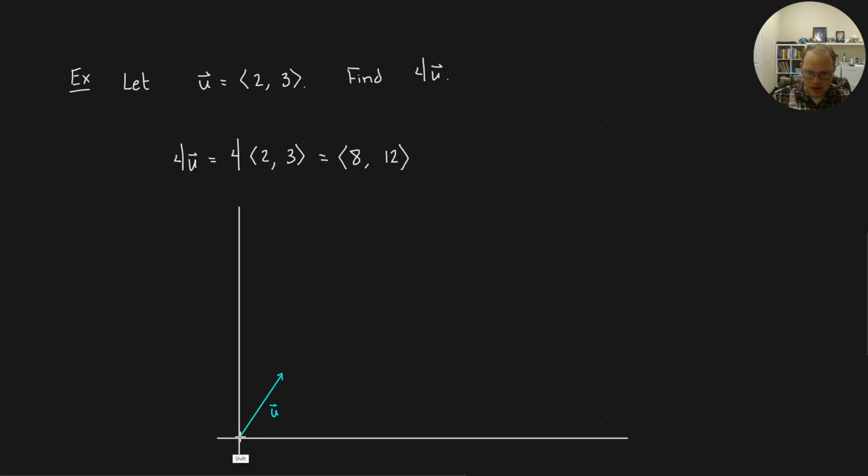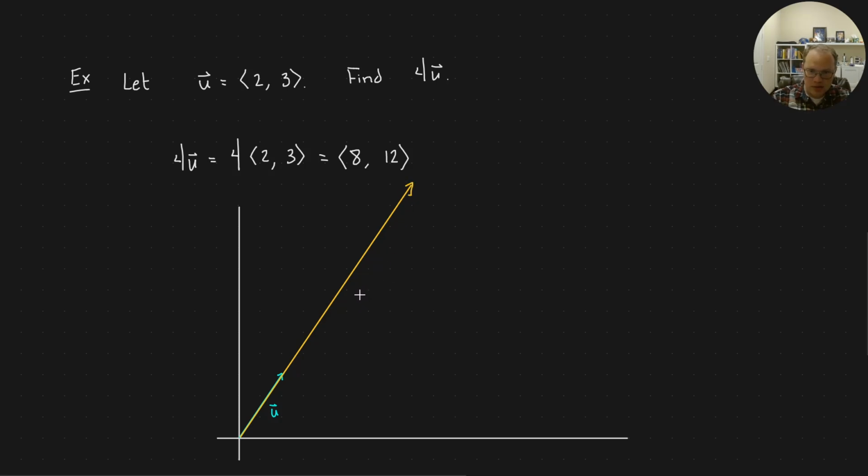So also in standard position, 1, 2, 3, 4, 5, 6, 7, 8 in the x direction. 1, 2, 3, 4, 5, 6, 7, 8, 9, 10, 11, 12 in the y direction.